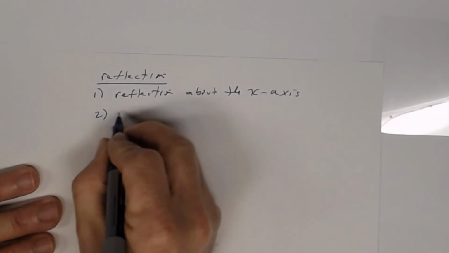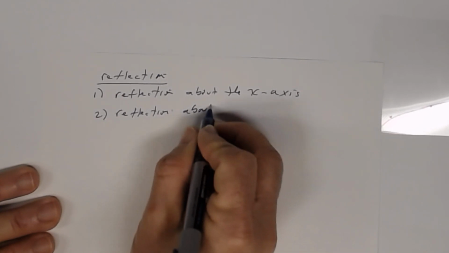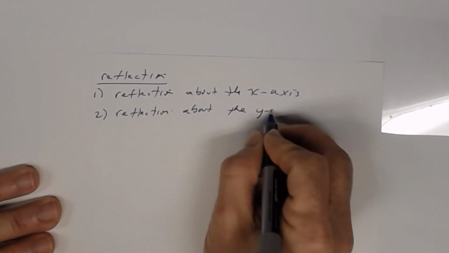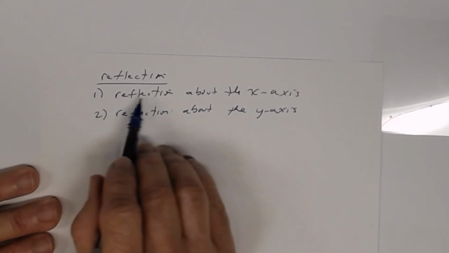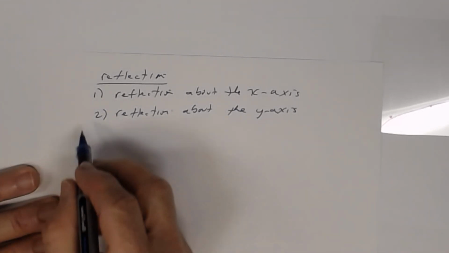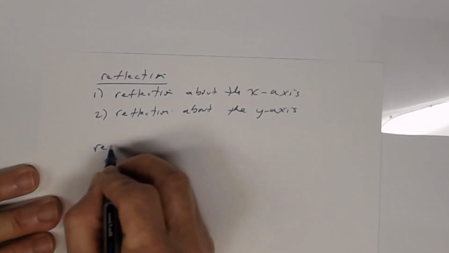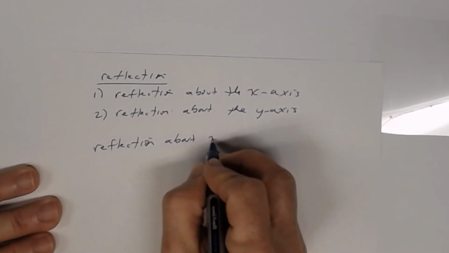The other one is a reflection about the y-axis. Most of the time, you're going to be dealing with the first one, reflection about the x-axis. So let's talk about the first one right now. Number 1, reflection about the x-axis.